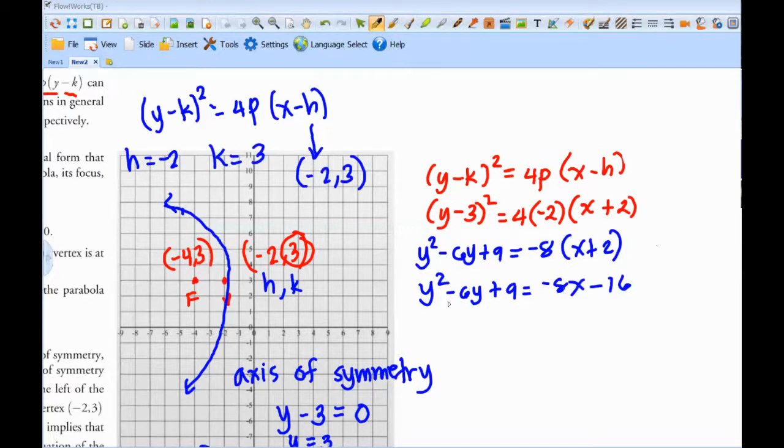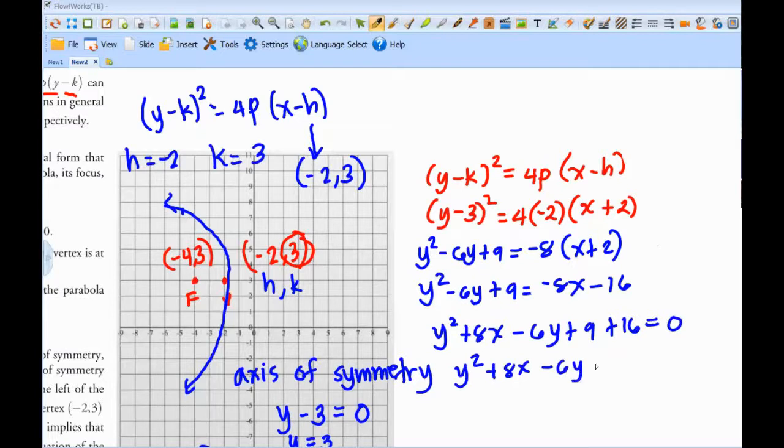Then we will combine like terms. So we have y squared plus 8x minus 6y plus 9 plus 16 equals 0. Okay, then we can have y squared plus 8x minus 6y plus 25 equals 0.